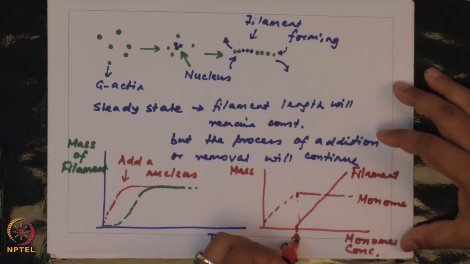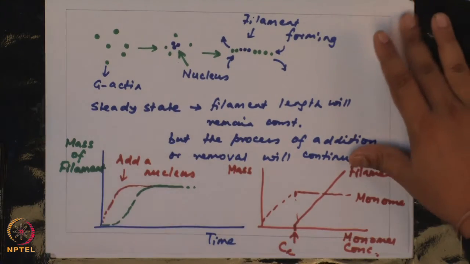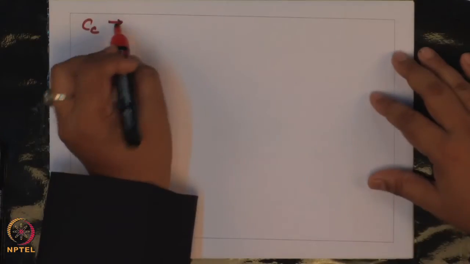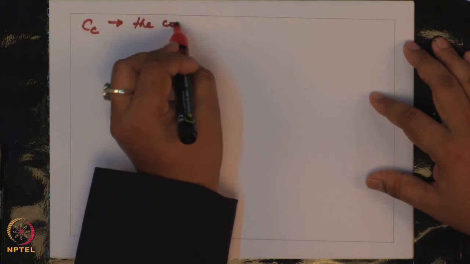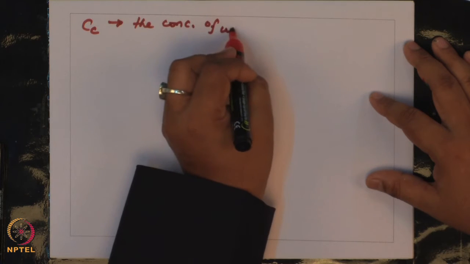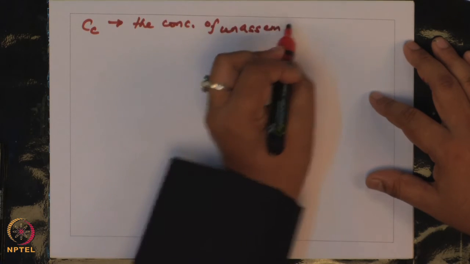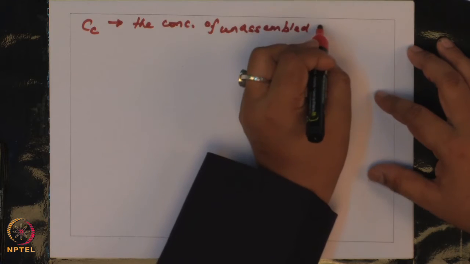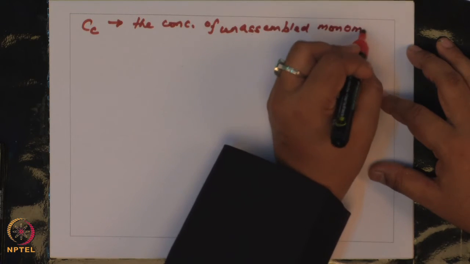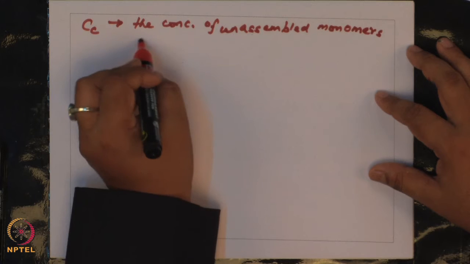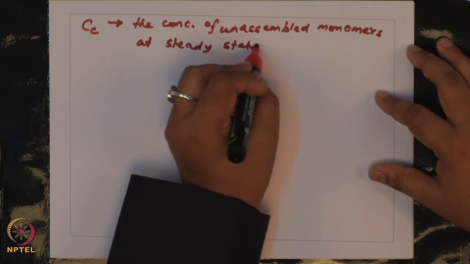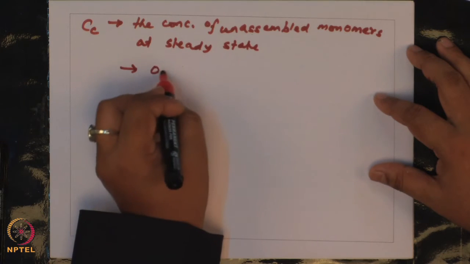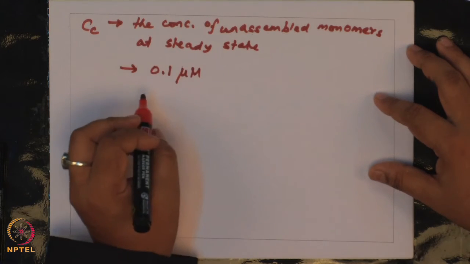This is the critical concentration, Cc. It represents the concentration of unassembled monomers at steady state. And this has been found to be 0.1 micromolar.